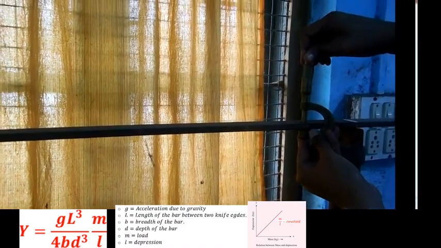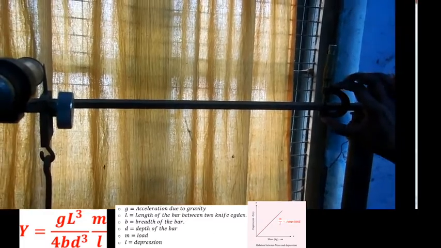We will fix the screw gauge over here, and we have to tighten it using this screw. When it is fixed, it will give a false click, as we can hear over here. Once it gives a false click, we know that the reading is perfectly done.